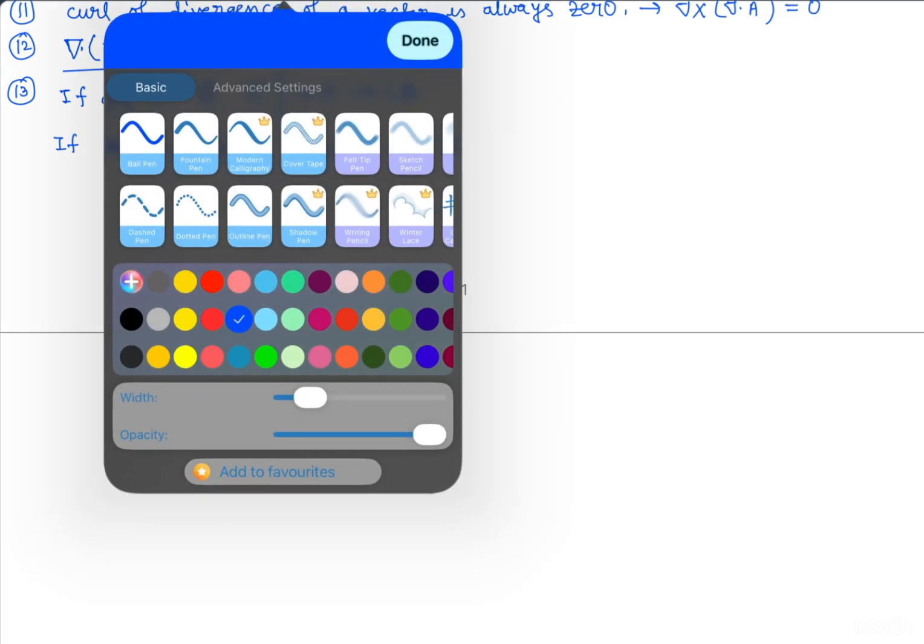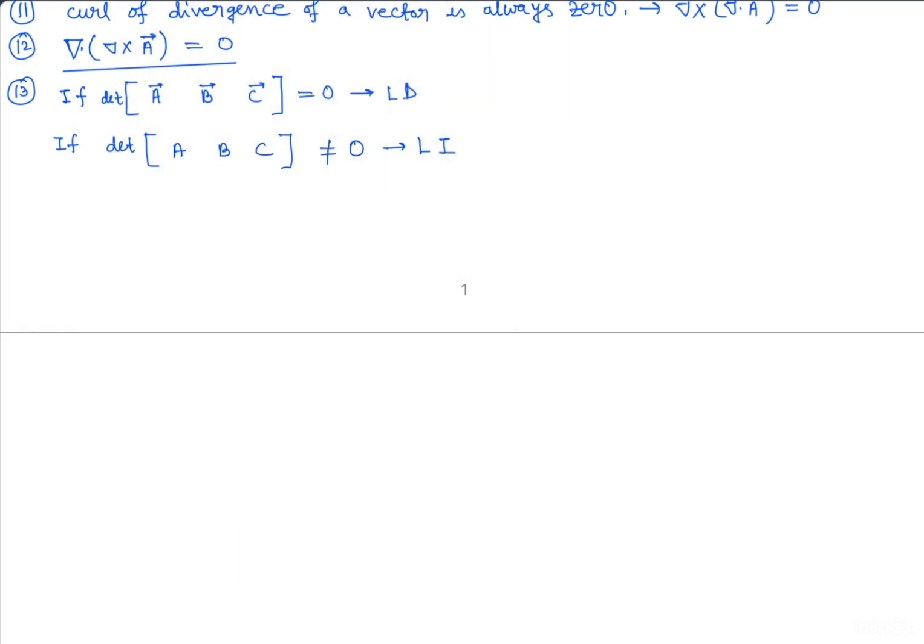Next we see the equation of the tangent plane.